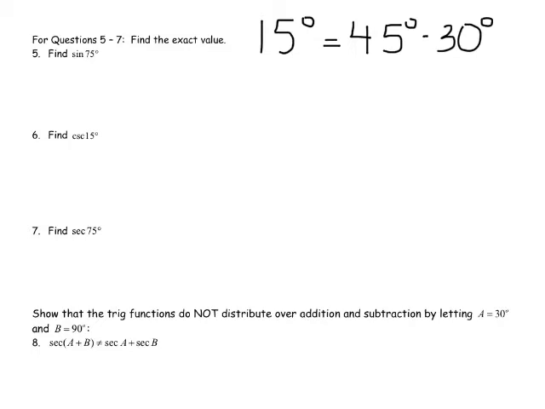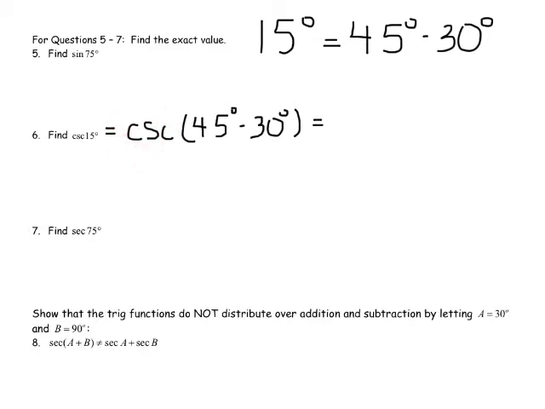So instead of thinking about cosecant of 15 degrees, I'm going to think about cosecant of 45 degrees minus 30 degrees. All right, so this is our composite. When you have things in parentheses that are added and subtracted, you should be looking at your formula chart. Now, you could look all day and not find this exact thing, because it doesn't have any of the reciprocals written on it. Cosecant is the reciprocal of sine.